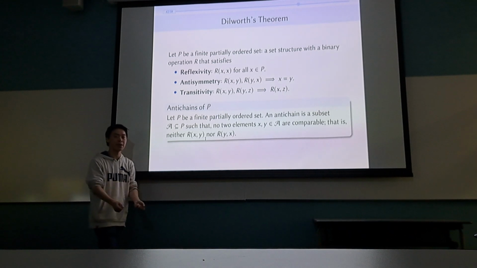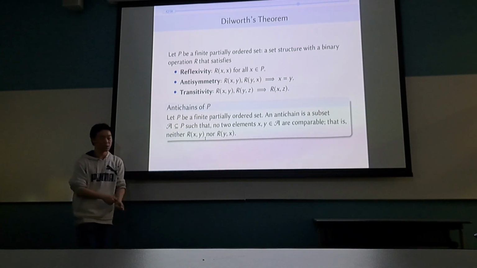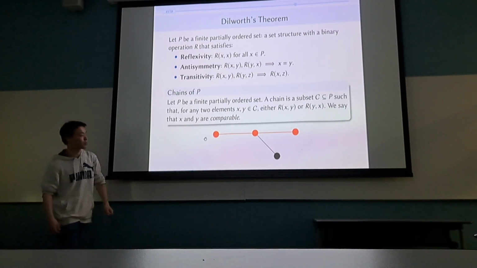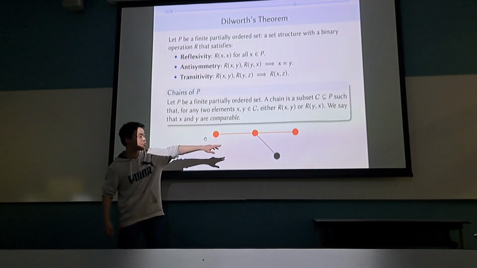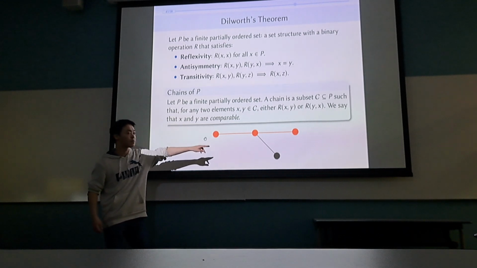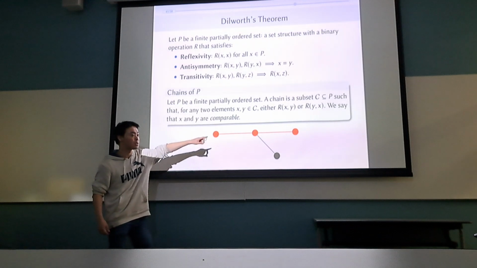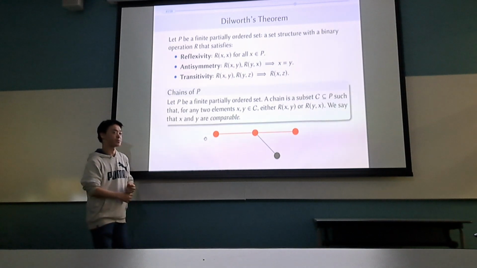You cannot actually compare them to one another. So you can see in this example that the far right red point and the black point are completely incomparable. There's no way to compare between these two points.